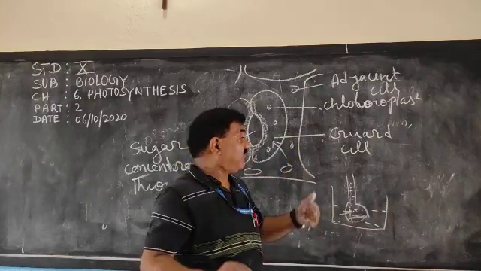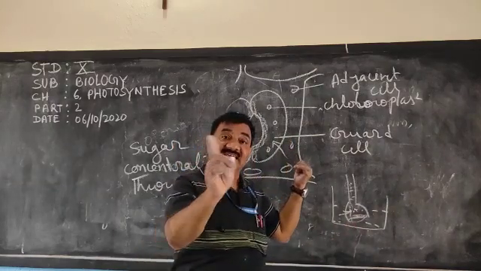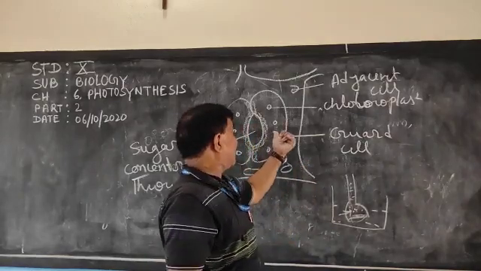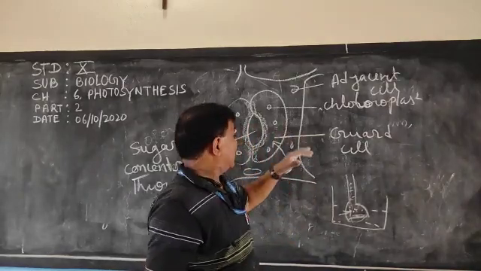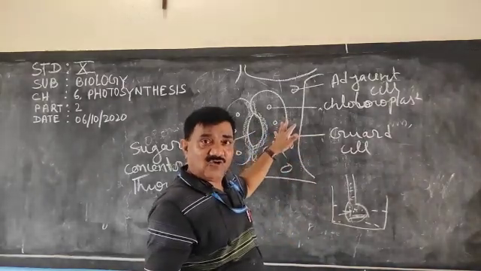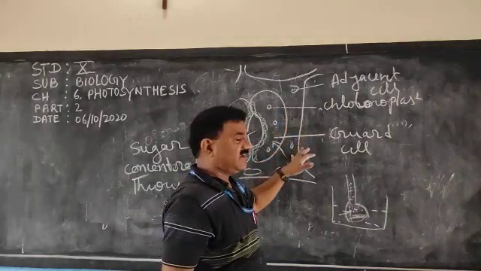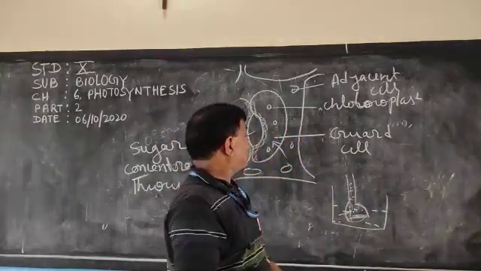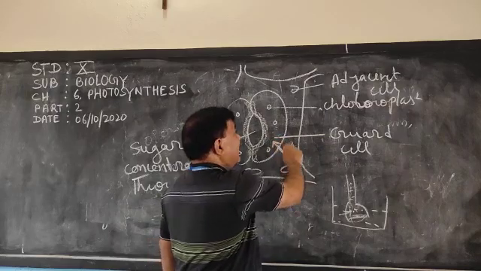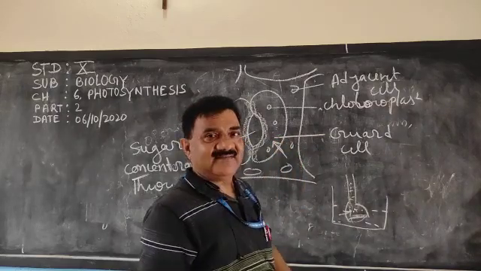The concentration of water is higher outside, nothing is mixed in water, and here the concentration of water is less. Here the concentration of solution is more and here it is less. So water will move from the adjacent cell to the guard cell.